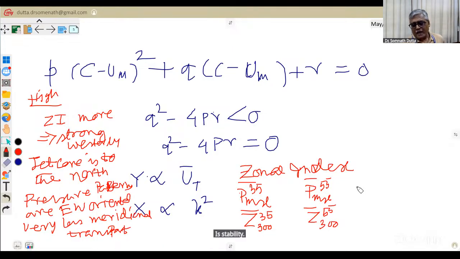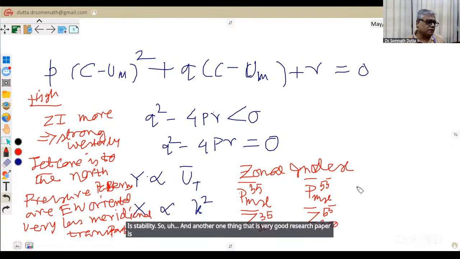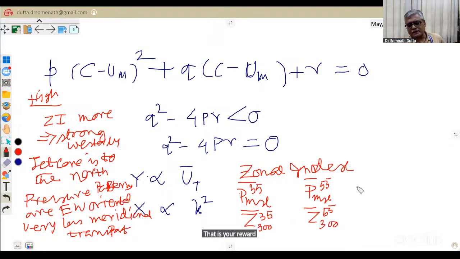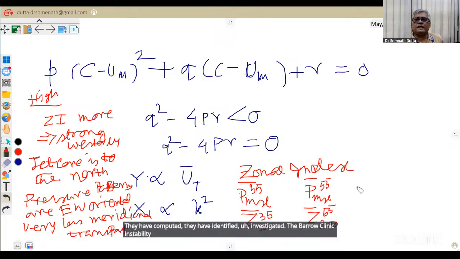Another thing, there is a very good research paper in the Journal of Atmospheric Science by Misra ji, SK Misra, and our madam who was IITM director, I am forgetting her name. In that paper they investigated baroclinic instability in a mean monsoon flow.